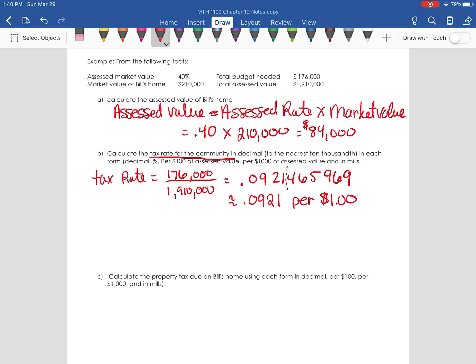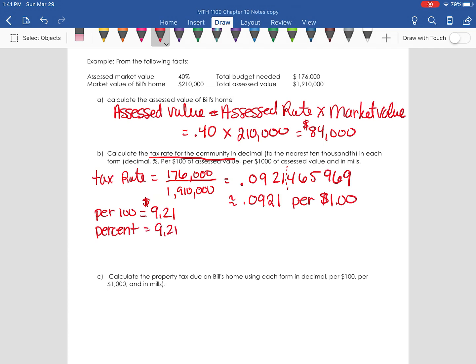So for every dollar of the $84,000 of his assessed value, he's going to pay $0.0921. Now, if we want to do this per 100, we need to move the decimal place over 2 places, so that would be 9.21. So he would have to pay $9.21 for every $100 of the $84,000.